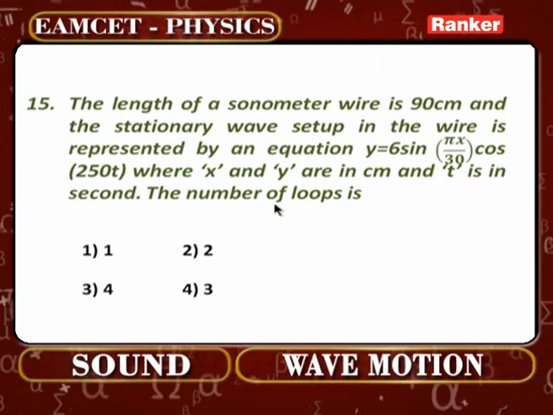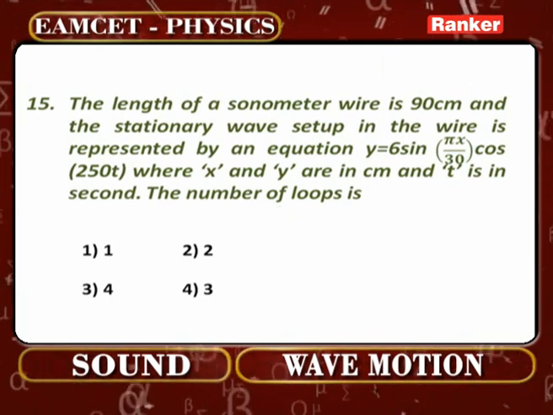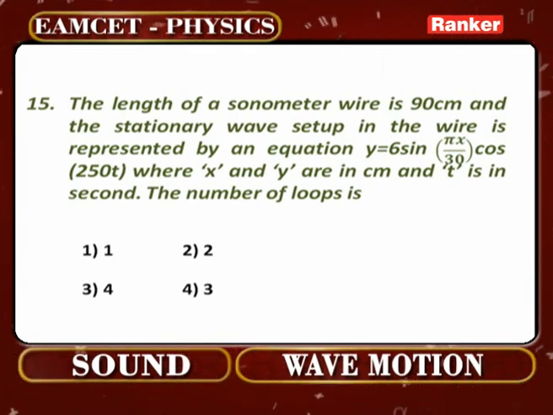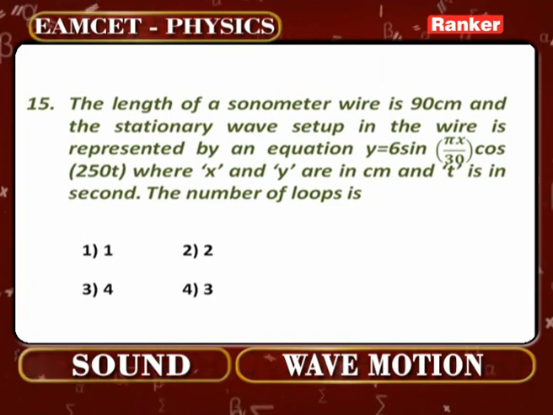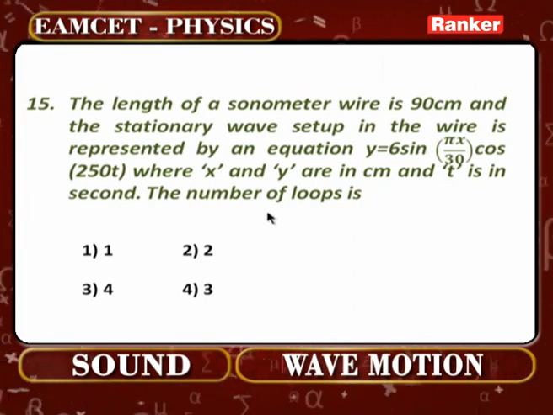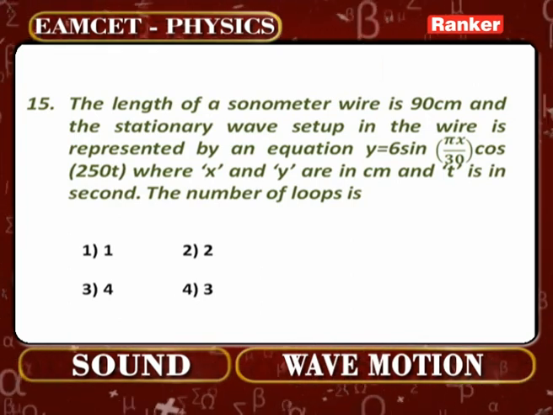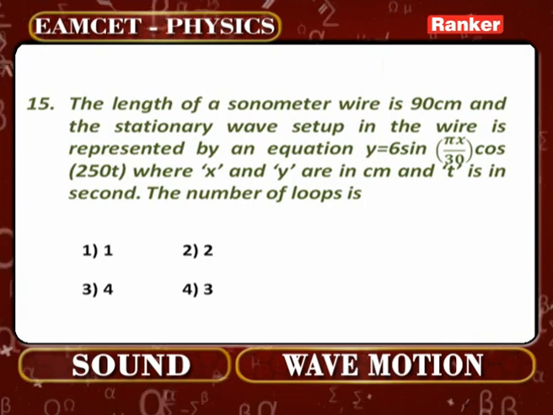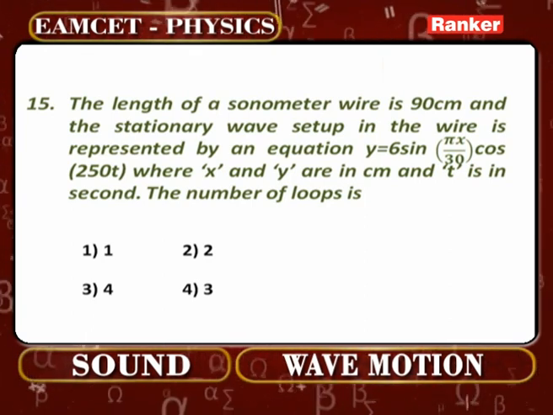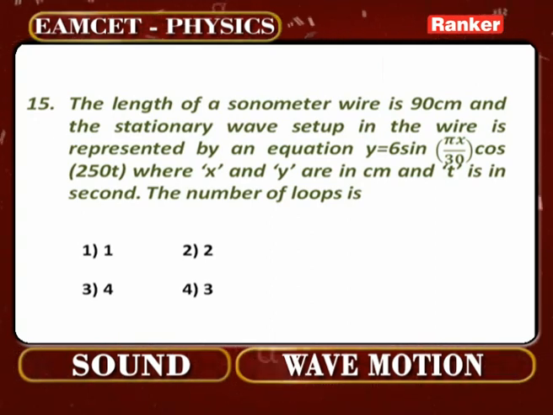That is the concept. Now look at that equation first of all. The equation over here is going to be y is equal to 6 sin, look at the equation carefully, it's given pi x by 30, into cos, what is the other value that has been mentioned over there? 250t. This is a stationary wave equation, first of all you should understand.